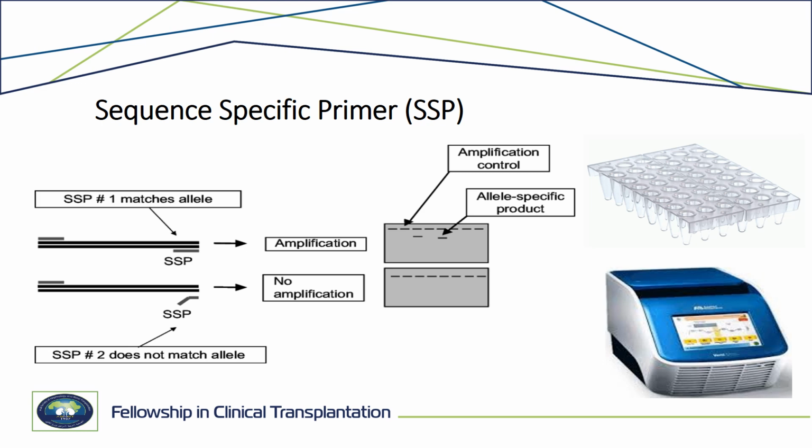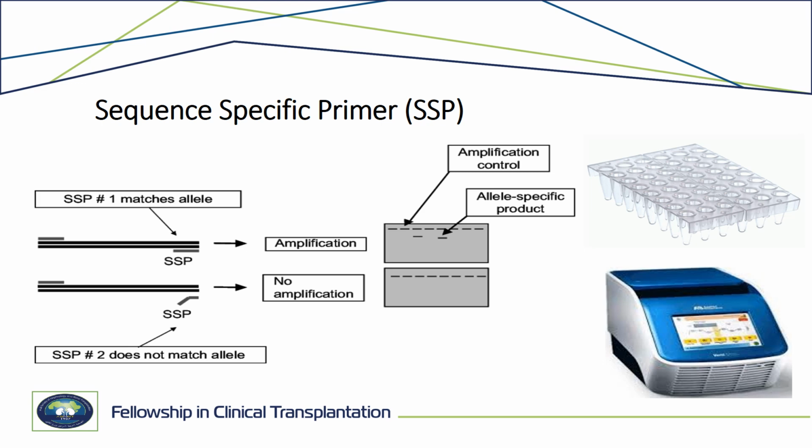And because it's more specific just for A02, you can see that each well, like this maybe could be a 72 well tray, or a 96 or a 16 or a 64 wells. Each well has a specific primer that can identify a specific allele of the A02.